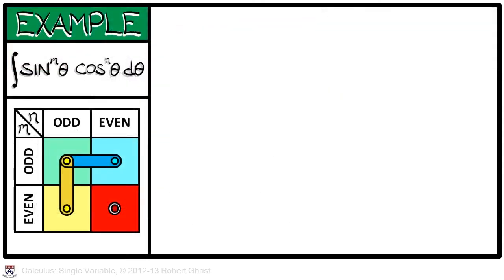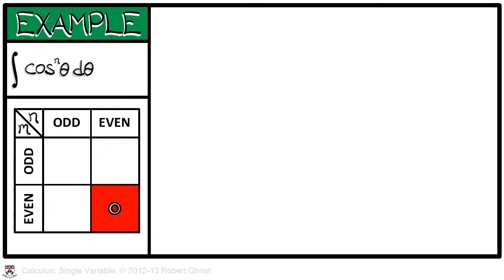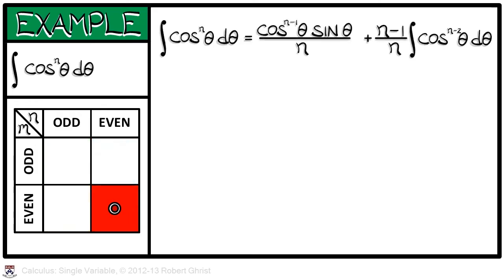Let's apply this reduction formula in the specific case of the integral of cosine to the n. Recalling the reduction formula for powers of cosine, we're going to have to apply this iteratively many times until we get down to a low enough power of cosine that we can proceed.